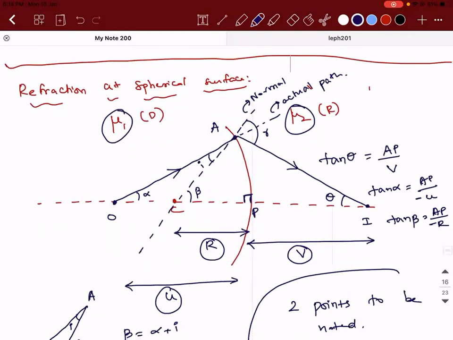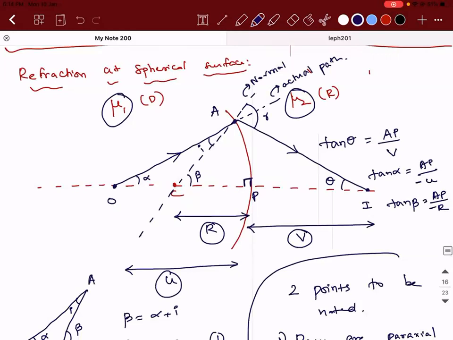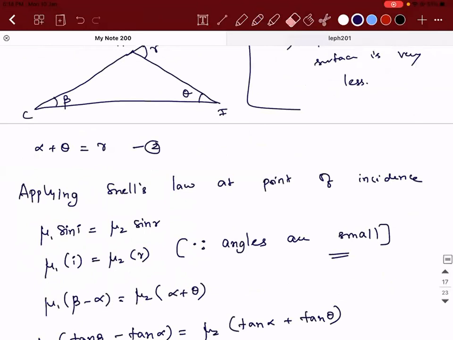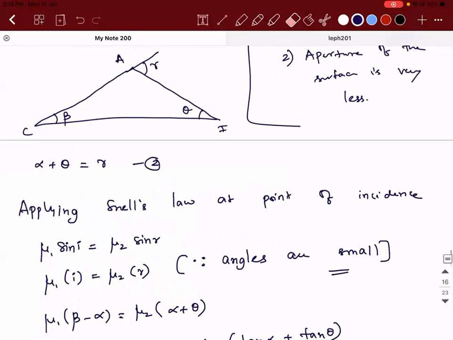I should not have taken triangle AOI. I should have taken the triangle ACI. This is C, and this should have been beta. Observe the mistake, guys.